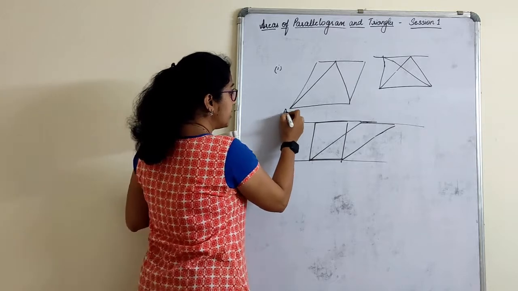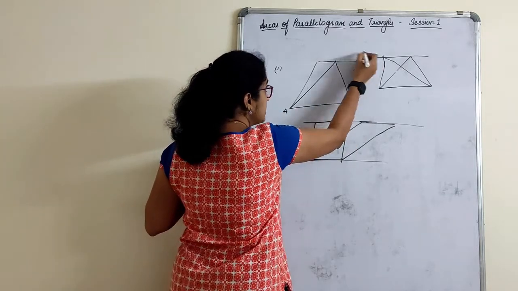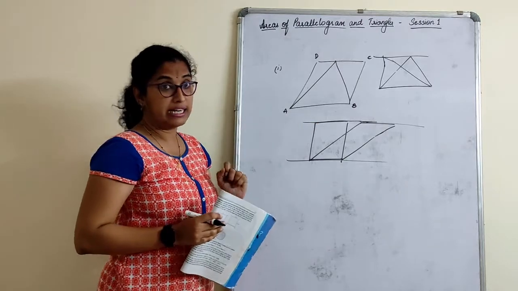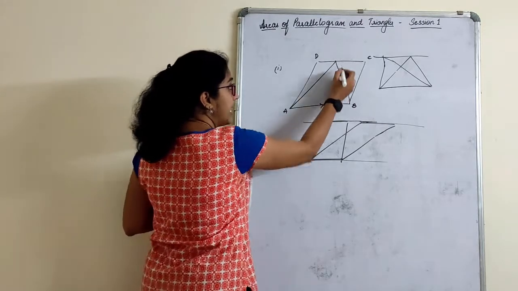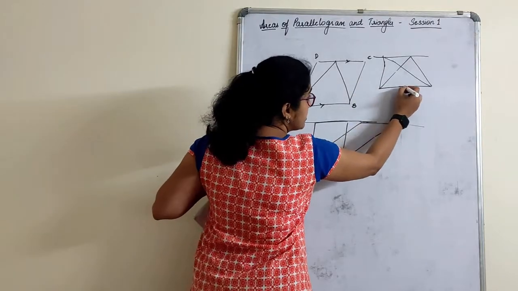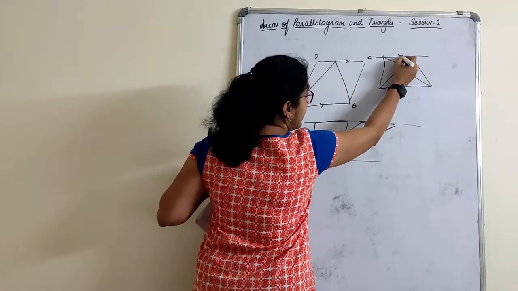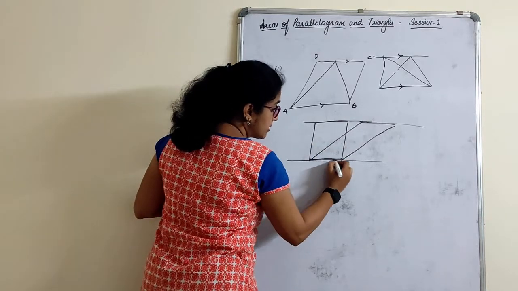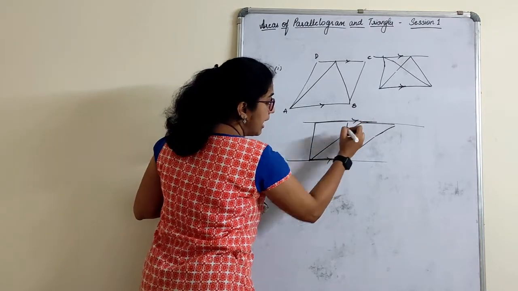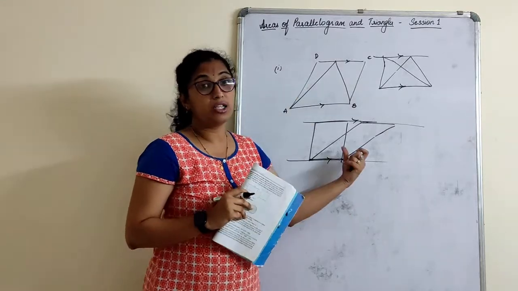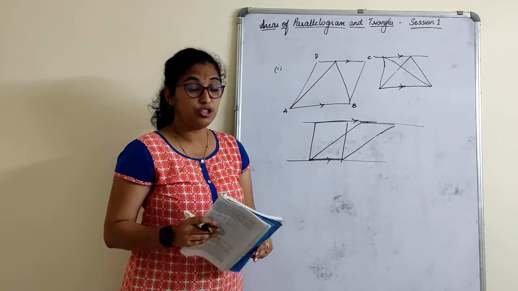If I name this A, B, C, D, I can say a parallelogram and a triangle are standing on the same base and between the same parallels. Two triangles are standing on the same base and between the same parallels. Two parallelograms are standing on the same base and between the same parallels. About their areas we are going to discuss in this chapter.